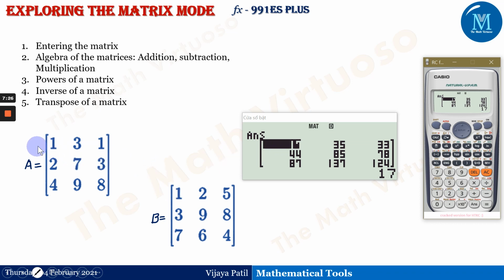What multiplication are we doing? First row into first column, second row into second column. So accordingly we are going ahead and doing the multiplication of the two matrices. The calculator will give you the usual multiplication in just a fraction of a second, right? So this multiplication has been done.